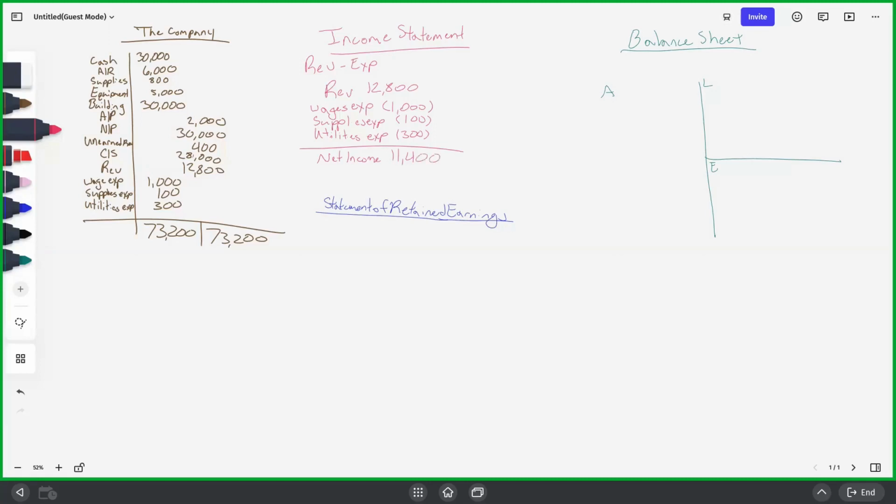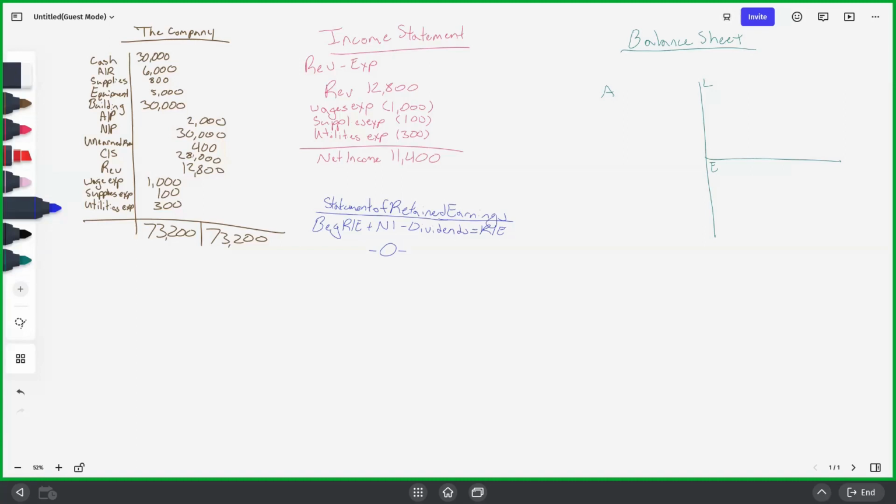All right. Statement of retained earnings. What is our formula? Beginning retained earnings plus income minus dividend. All right, so did we have our beginning retained earnings? No. Brand new company. Now. Do we have a net income?